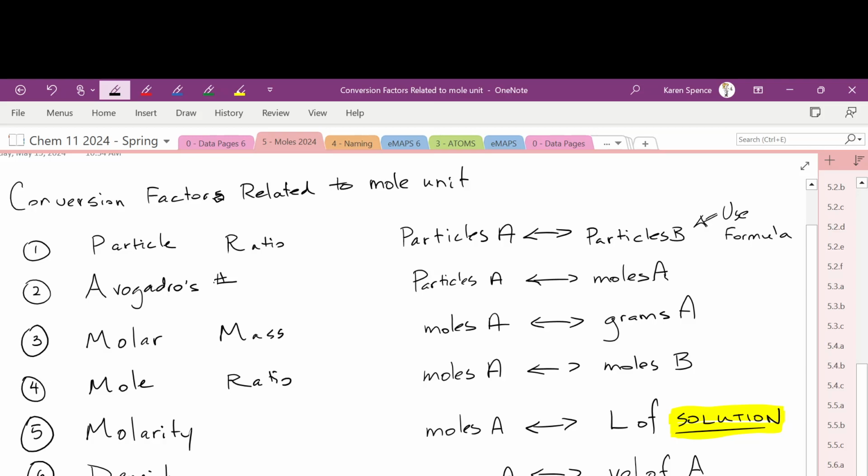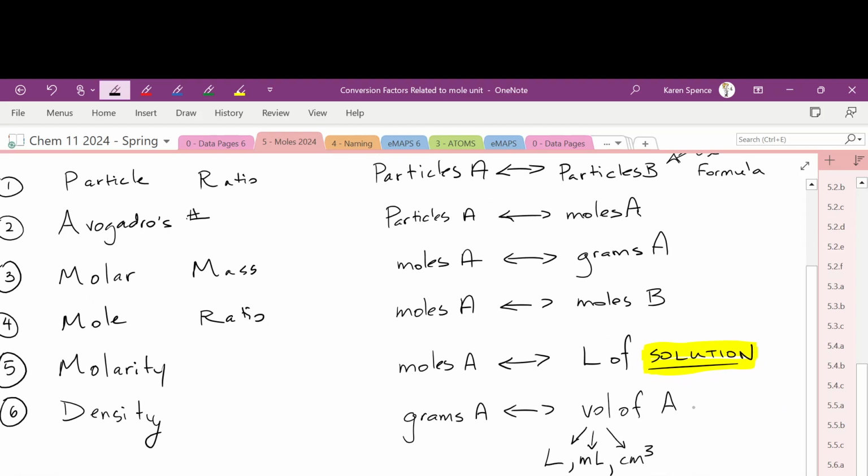Just depends on what unit you're given for the density. And this would be for a pure substance. In other words, a solid, a liquid, or a gas.